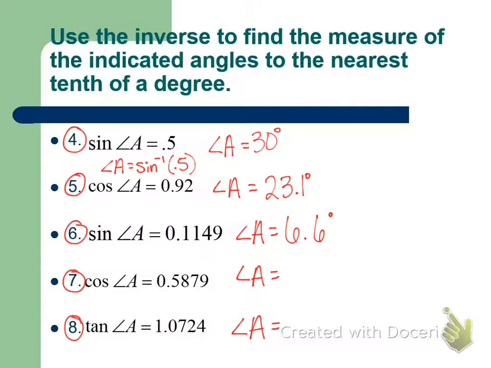Next one, what's going into the calculator? Good. And this one is a little tricky. When we round it, what do we get? Good. This one will round all the way up to 54 degrees.